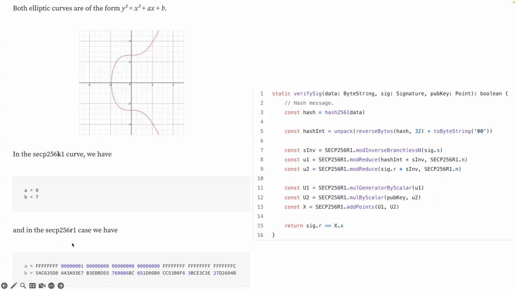We could get into another big conspiracy, whether it's really random or chosen by some NSA guy, but that's another topic for another day. For R, it has a different A and B, right? This is A, this is B. So it's still elliptic, but it's a different curve.